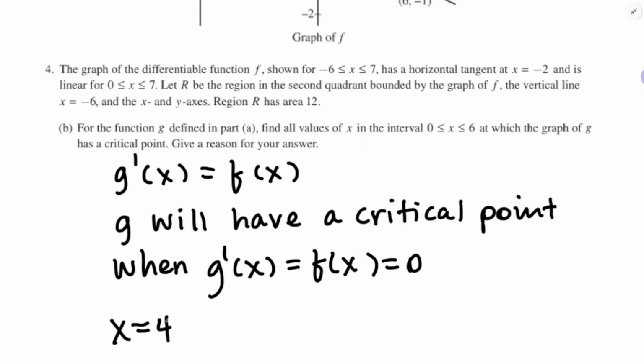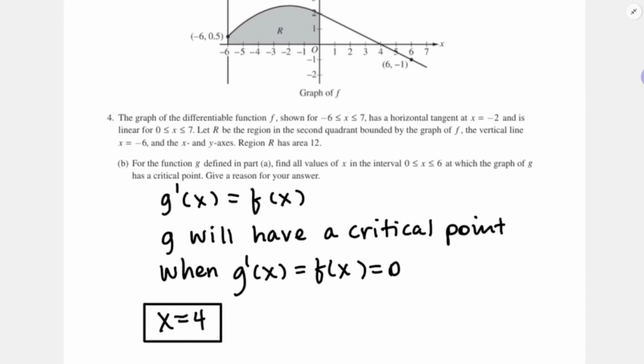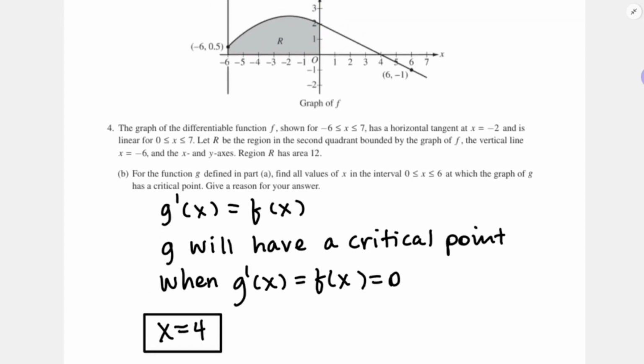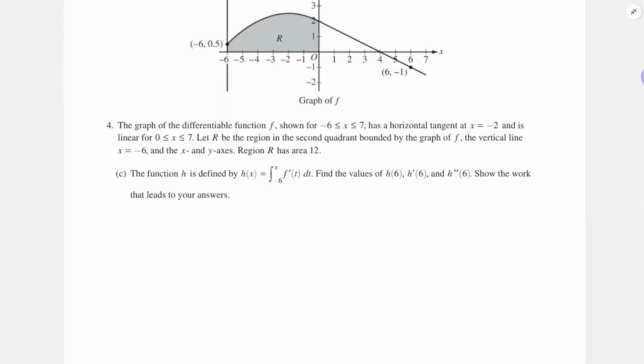Find all values of x where there's a critical point. They didn't tell me to do anything else. So I'm just going to say, okay, that's my answer, x equals 4. The reason is what I wrote up above: g prime equals f, so that's when g's derivative is equaling 0, that's going to be a critical point. We could also have g's derivative not existing, but I don't see f not existing anywhere between 0 and 6. Okay, so that'll be fine. Done with B. Moving on to C.